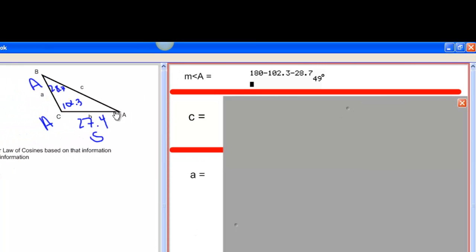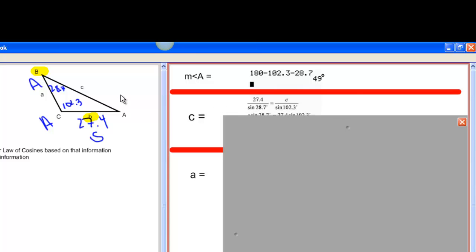Okay, for side C, now that I know that A is 49 degrees, I could have used little a and big A. But for consistency's sake, in the problem I was given angle B and then side b. That was the family of either A, B, or C in the triangle that was given. So when I set up my proportion, that's what I'm going to do first.